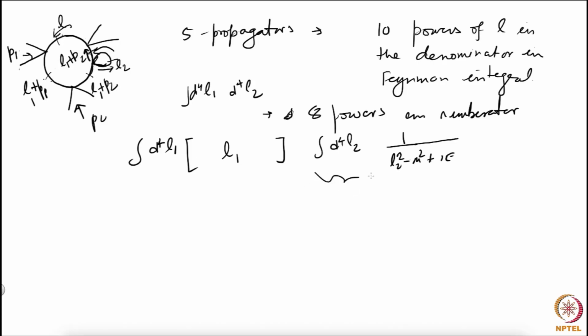Now look at this one. Even though the way we are counting it looks like it's finite, if you look at this piece which is multiplied here, this is ultraviolet divergent, right? We have already seen this because this is ultraviolet divergent. So you have a divergent piece in here, and this is called a subdivergence. So the diagram, if you do just power counting, looks UV finite, but it has a subdivergence sitting in it.